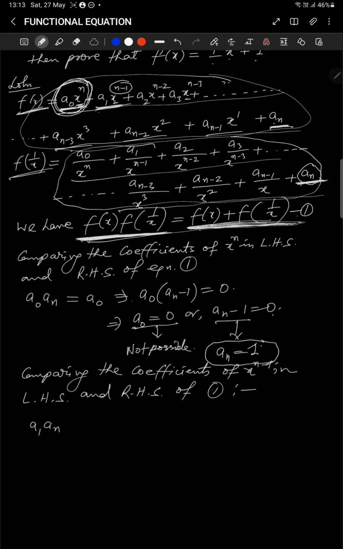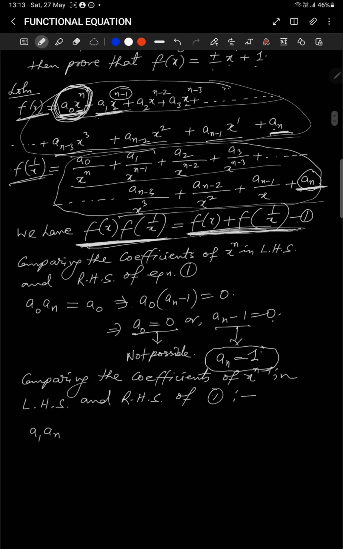Again you see, if we are multiplying this a0 x to the power n and a_{n-1} divided by x in the left hand side, that is this one, then x to the power 1 goes up, x to the power minus 1 it becomes, and multiplication of these two will give you x to the power n minus 1.